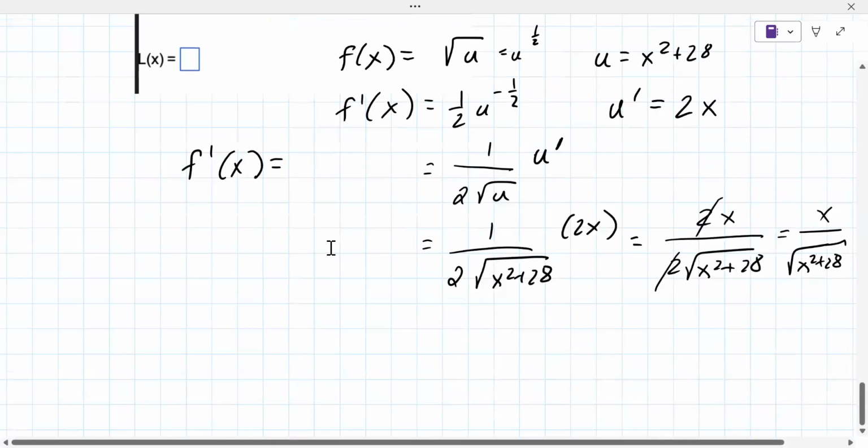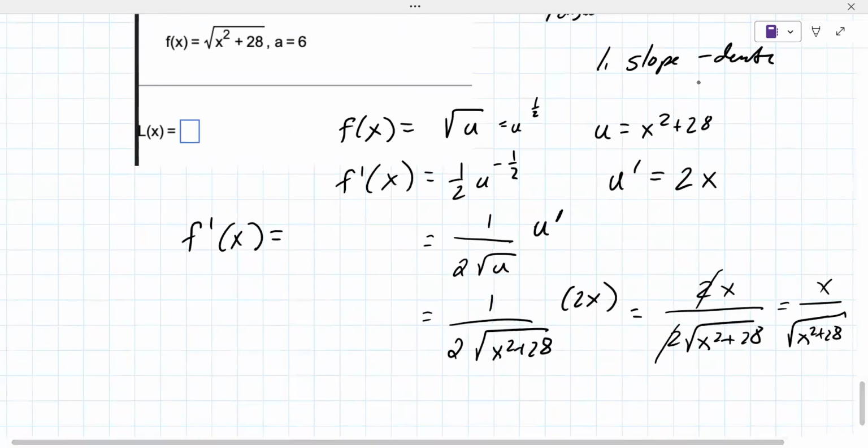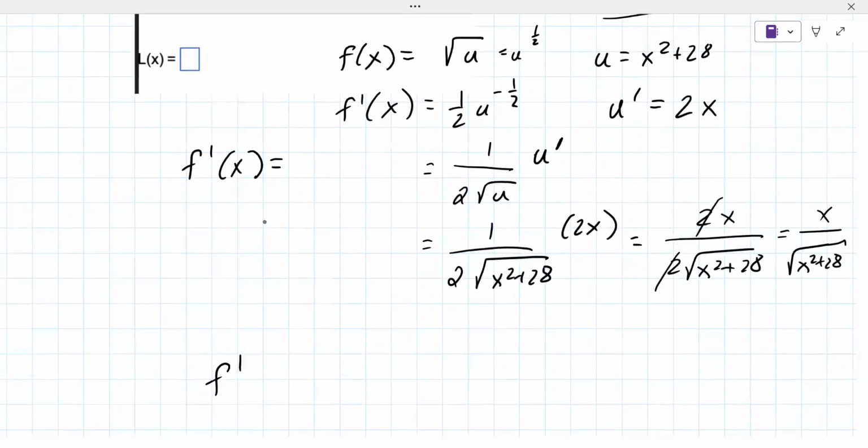Okay. So now all of this is to find the slope at a point. So we need to put 6 in for x. So f prime of 6 is 6 over the square root of 6 squared plus 28.